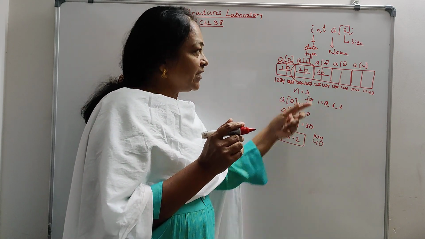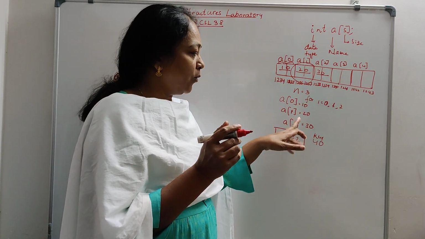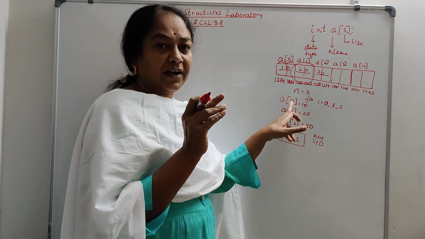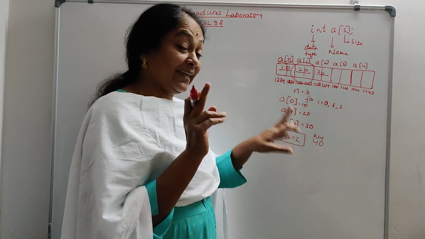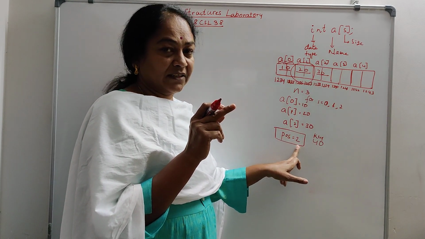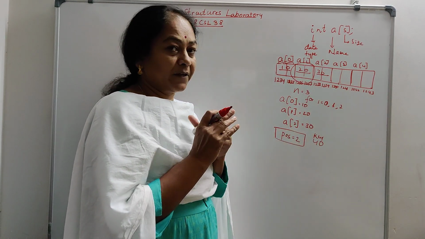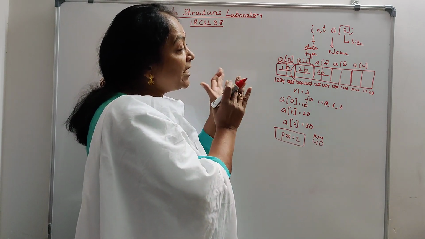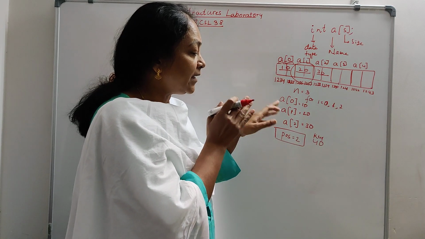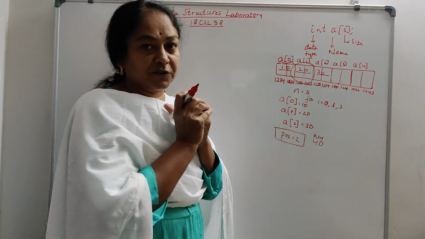So position, you can also take, that is up to you how you are assuming the position. It can be 1 also, but for me it is the second element. It's not position 1 here. In the second position I want to insert this 40. Already some element is there in this position. So how can I insert this 40 in this position?